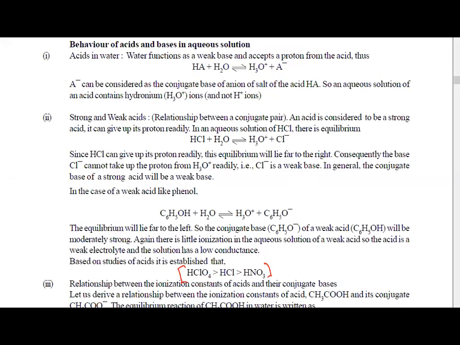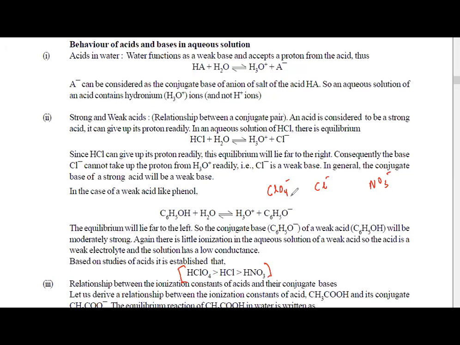How can we find whether an acid is stronger or weaker? We form their conjugate bases. For HClO4 we get ClO4 minus, for HCl we get Cl minus, and for HNO3 we get NO3 minus. Then we check the stability of these three. Stability means electron giving tendency.